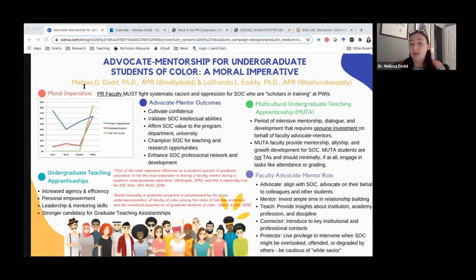This contributes to a lack then of diversity in graduate programs. Again, the NCES reported that graduate student enrollment is comprised of 64% white, 14% Black, 10% Hispanic, which further contributes to even greater disparities in representation of full-time faculty of color.